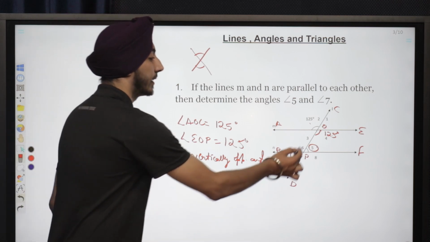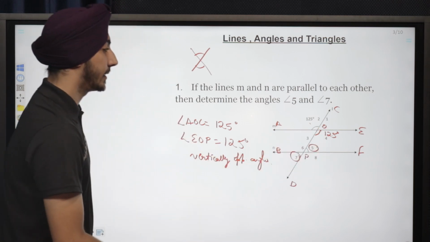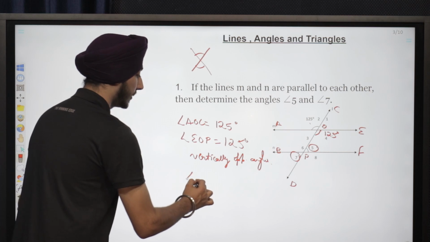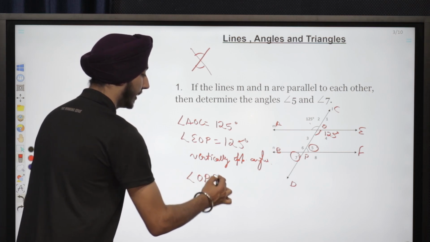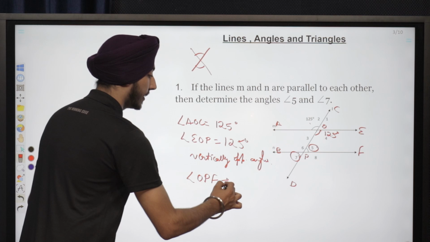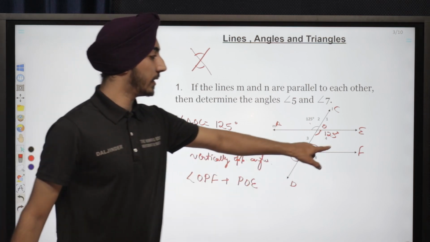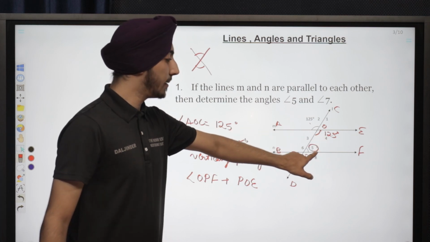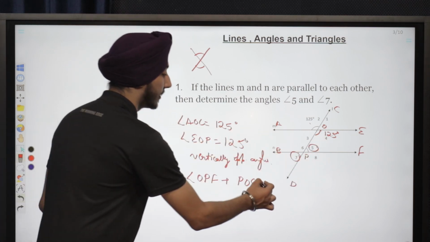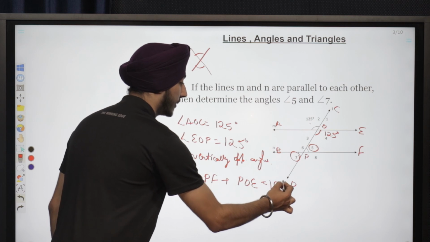Now we will find angle OPF. How? Let's see here. Angle OPF plus angle POE. So that is angle 125, that is angle 4 plus angle 5 will give you 180 degree. Okay.